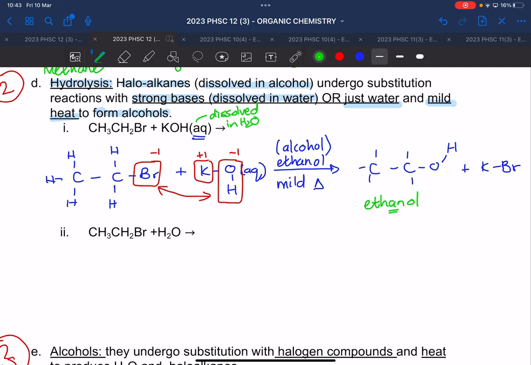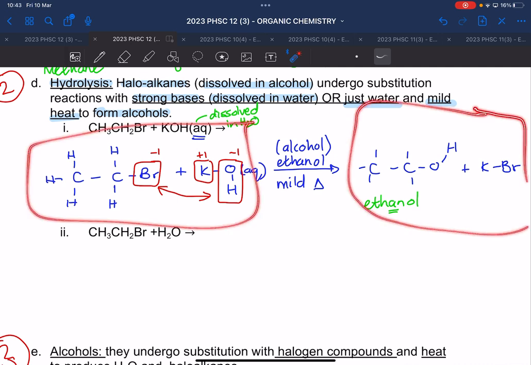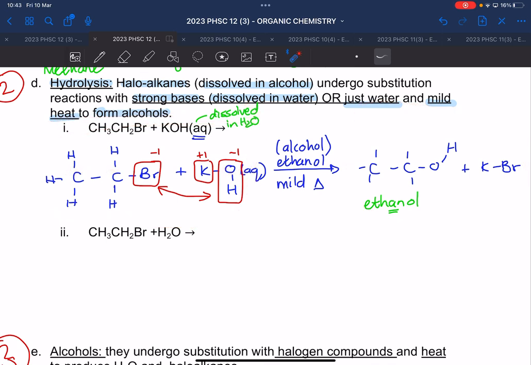Then, what is the name of the organic reagent? Where will I find a reagent? Which one is the organic one? Organic is the thing that has a carbon in it. Inorganic has no carbons. So I want this one's name.